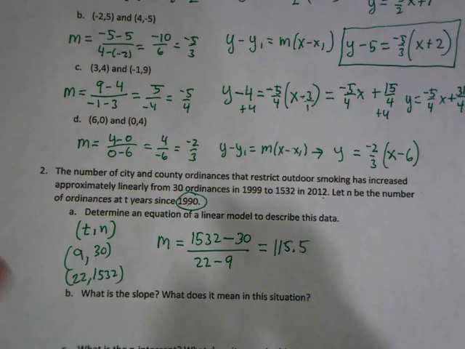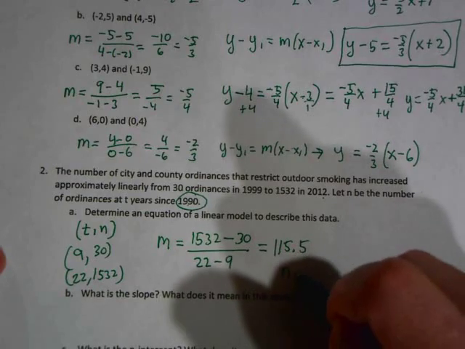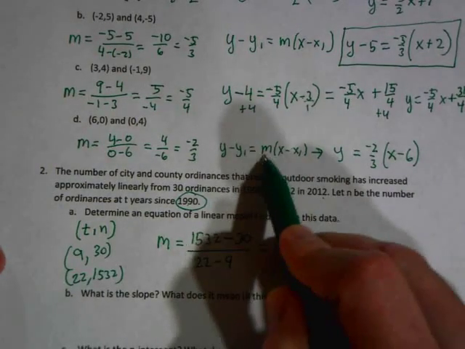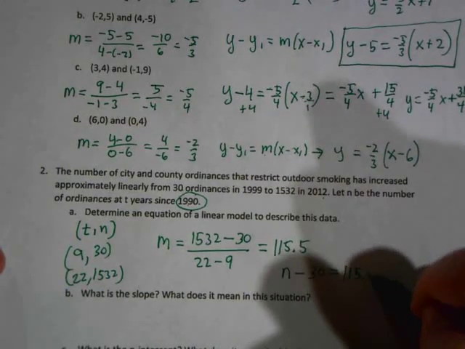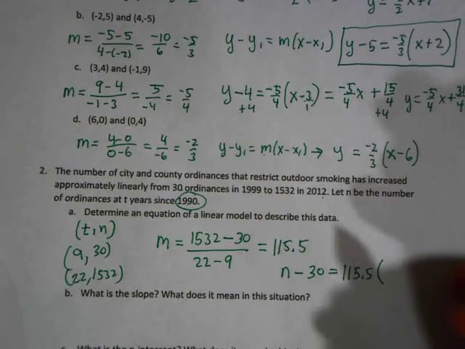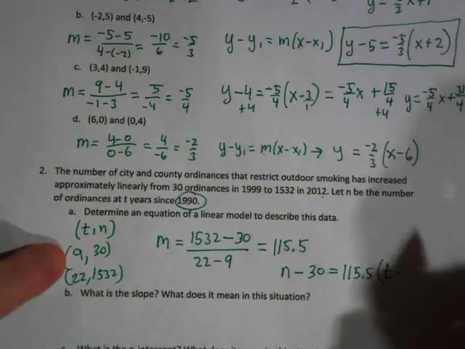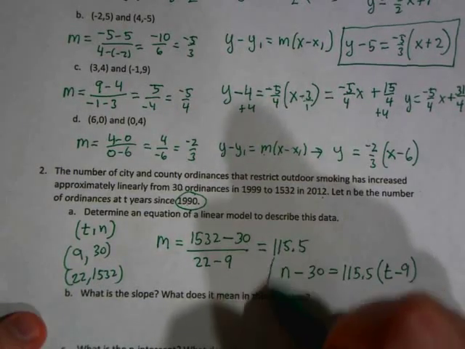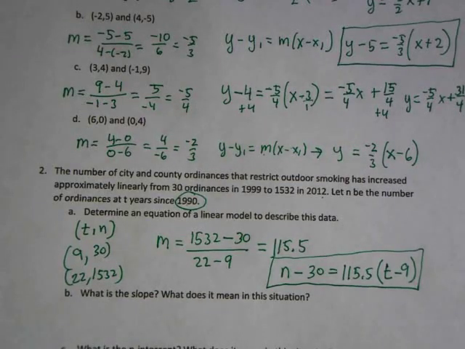All right, so now instead of y minus y1, I'm going to use n minus n1, that's 30, equals m, my m is 115.5, times, instead of x I use t minus t1, that's 9. All right, so there's my answer. Determine a linear equation. I did. What is the slope?